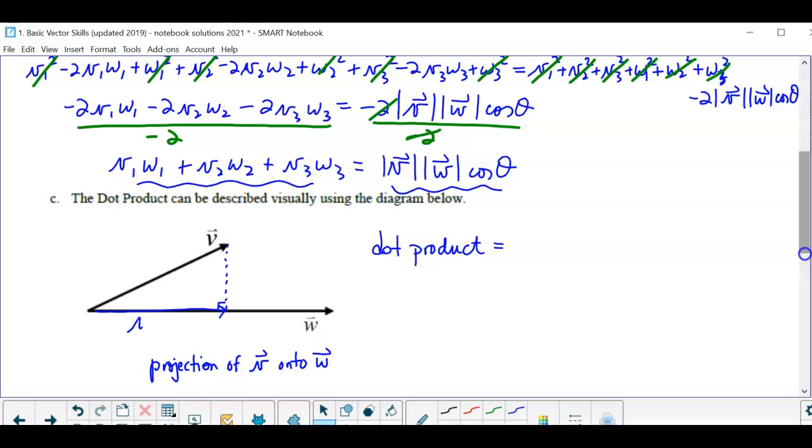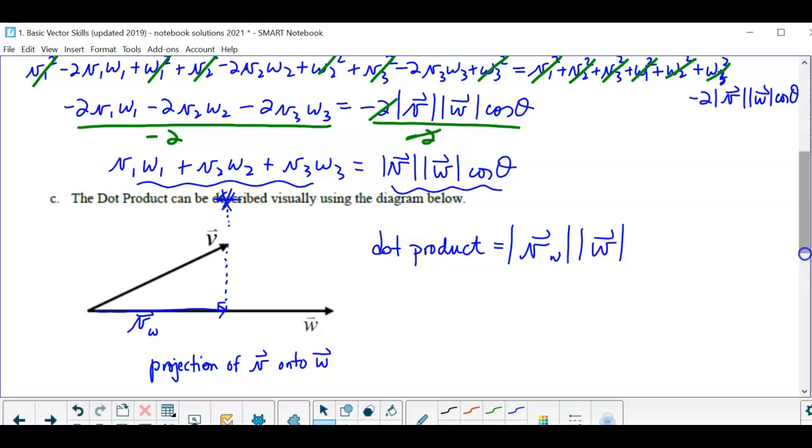The notation is vector v with a little w, so that means it's a projection vector. It's like having a light shining down from above; the projection vector is the shadow underneath v. Okay, that's how I think about it. So that's the projection vector. What the dot product is, is the magnitude of that projection vector in the direction of w.